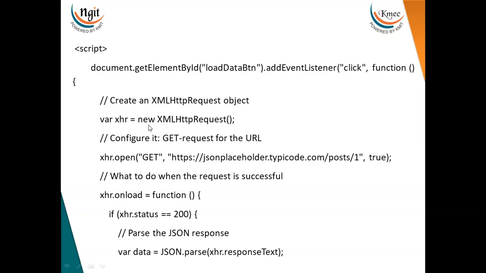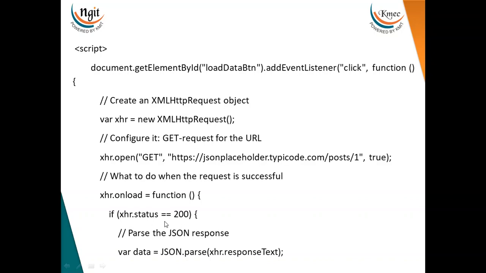We create an XMLHttpRequest object and configure it using a GET request for the URL, that is, open GET with that URL, and then onload, a function. What to do when the request is successful, you need to mention in the function.